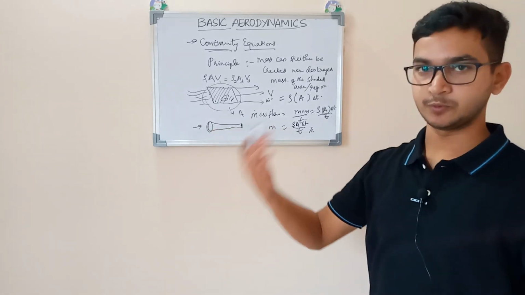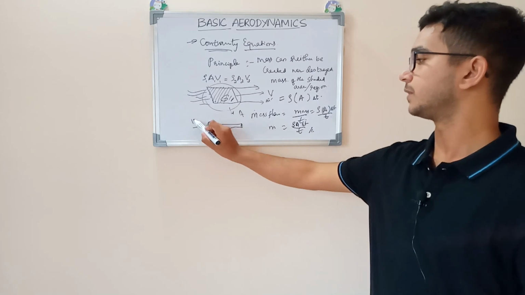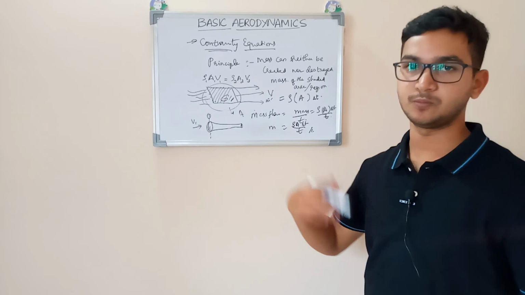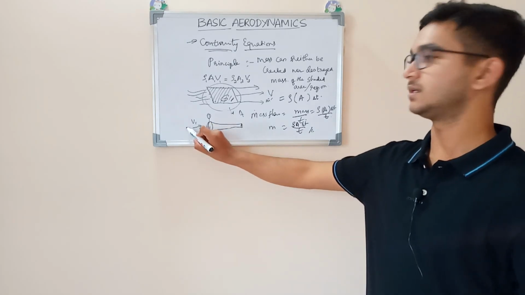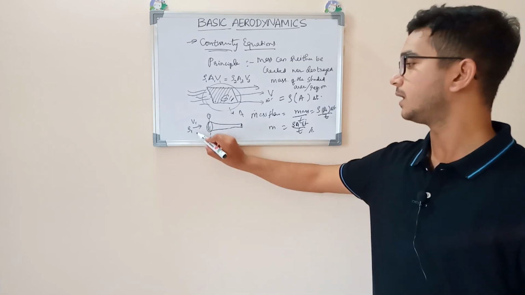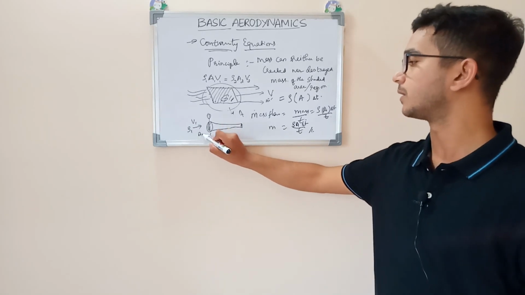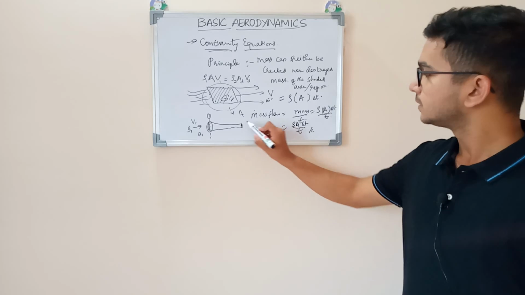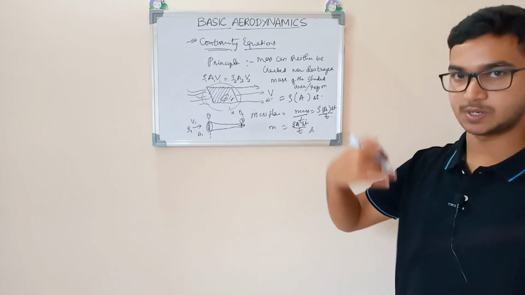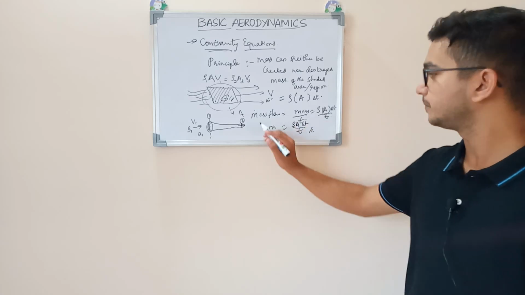Let us say our flow is flowing with a velocity V1 at this point. This is my region 1, the density of the fluid is ρ1, and the area of the duct is A1. Next, at region 2, where it flows through and comes out, we call it the outlet.